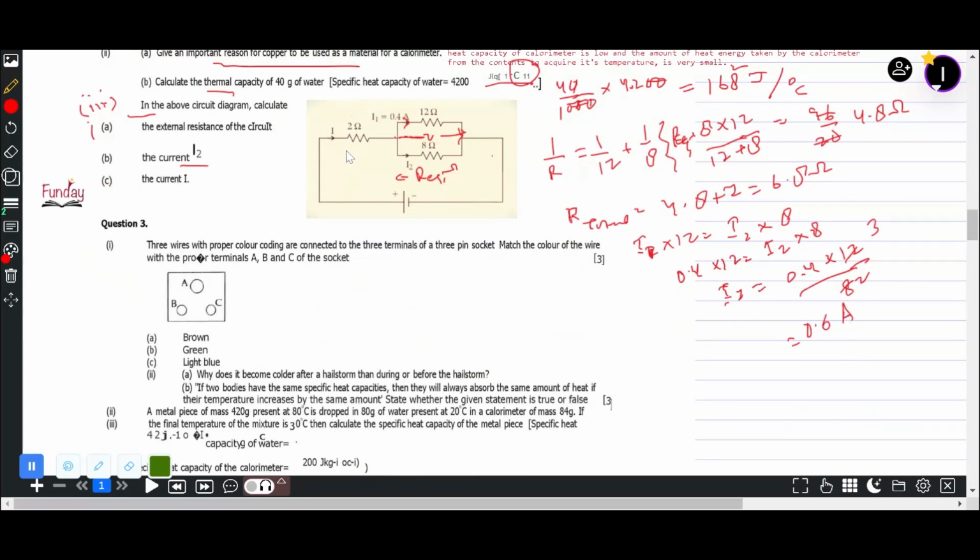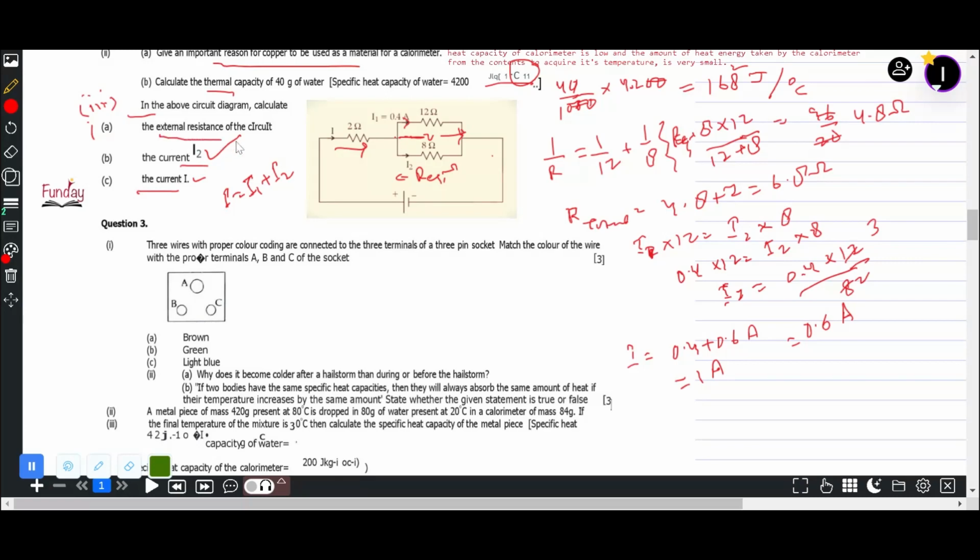Now I is the current which breaks up into I1 and I2, so I is equal to I1 plus I2, right? We have I1 and I2 given here, so I is equal to 0.4 plus 0.6 ampere, that is equal to 1 ampere. So one part is answered, the total current I, and part B is also answered.